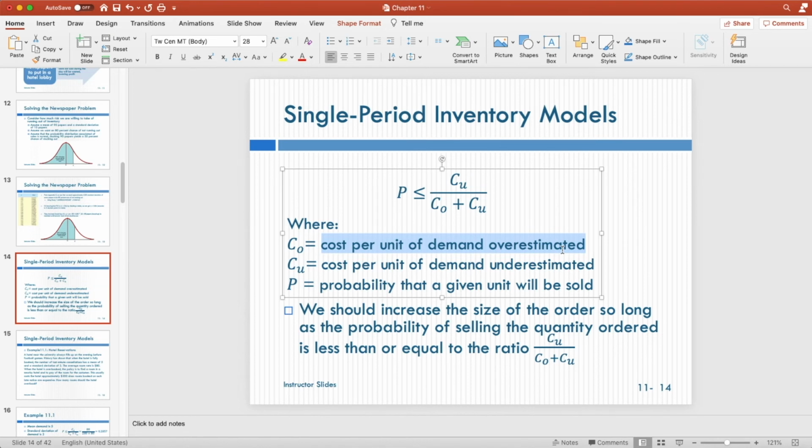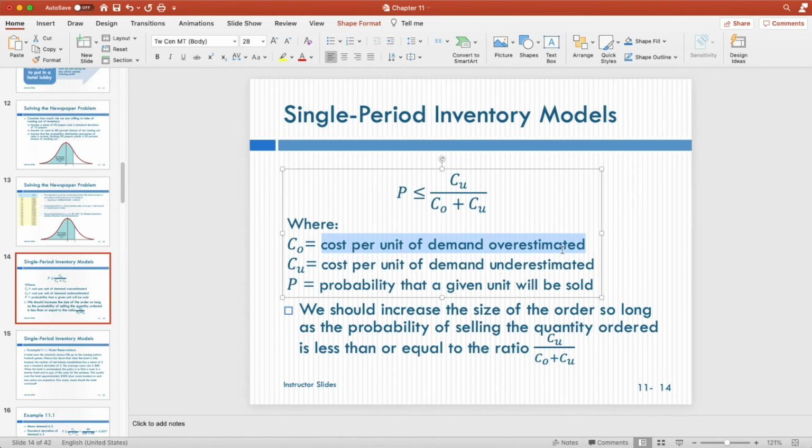Are you facing the cost of understock or overstock? You are facing the cost of understock, because you only purchased 19, but the market demand is 20. You can only fulfill 19 units of demand, and for that additional 1 unit of market demand, you cannot do it. So in this situation, you are facing the cost of understock. Basically, the cost is the profit in opportunity.